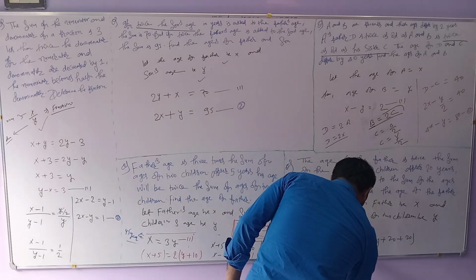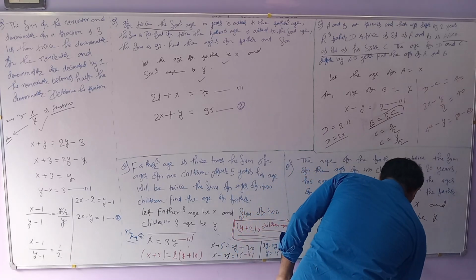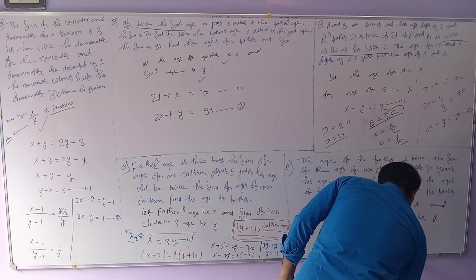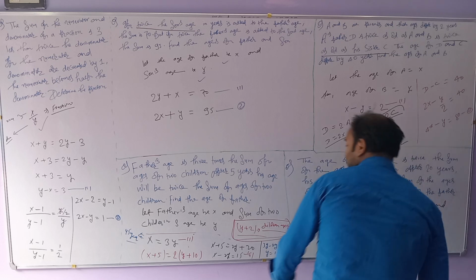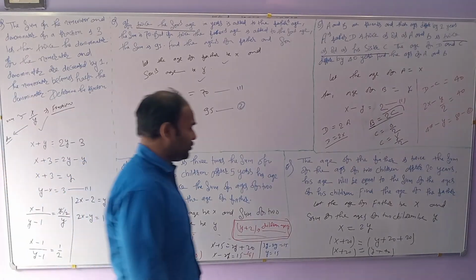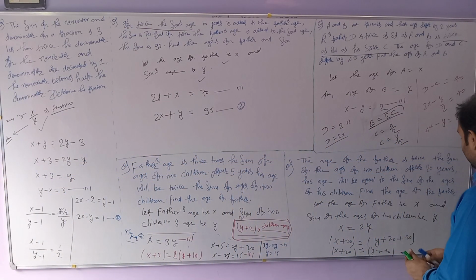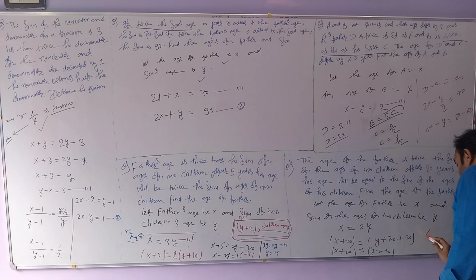x plus 20 is equal to y plus 40. We already mentioned that in this question. So when we solve this, we get an equation x minus y is equal to 20.